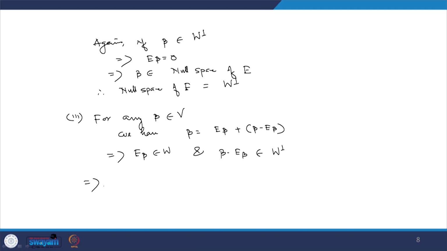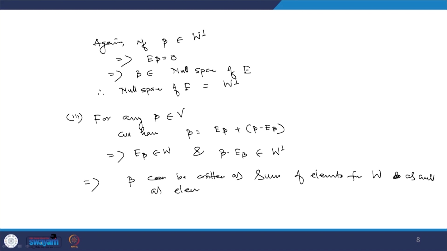So, this implies beta can be written as the sum of an element from W as well as an element from W complement.